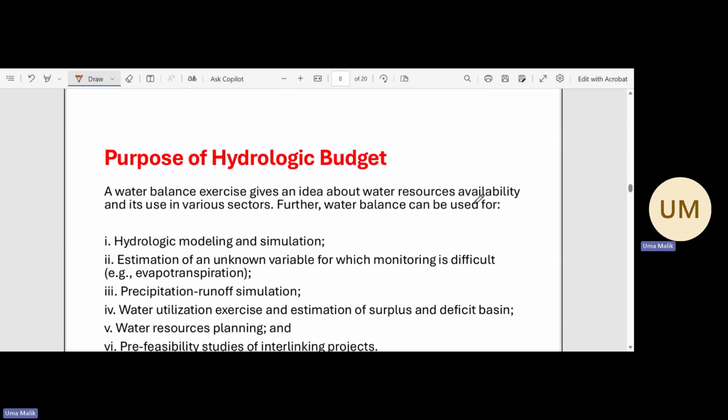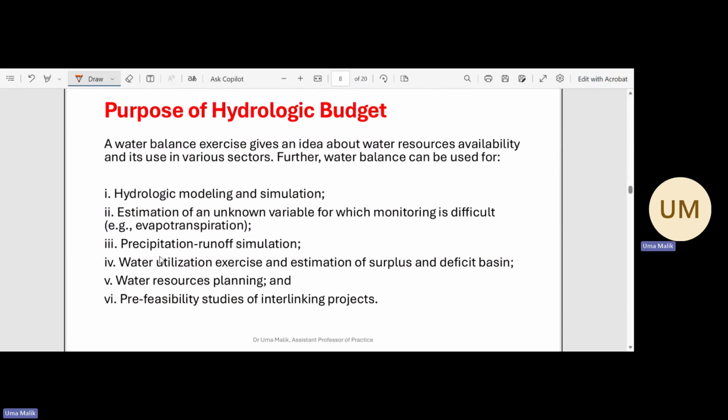Before we move on, next is why we need this hydrologic budget equation. What is the purpose of it? It gives an idea about water resources availability and its use in various sectors.